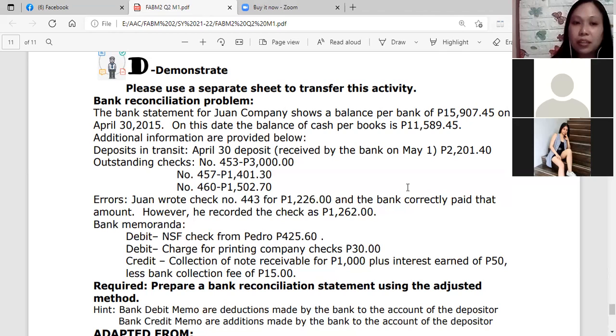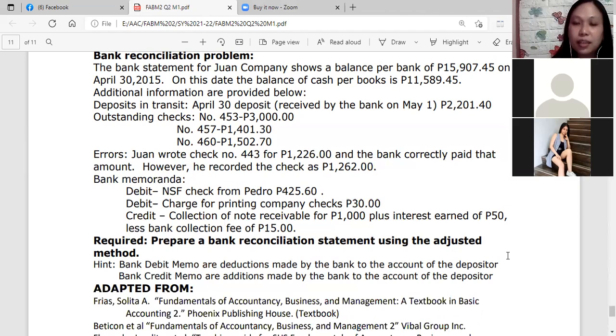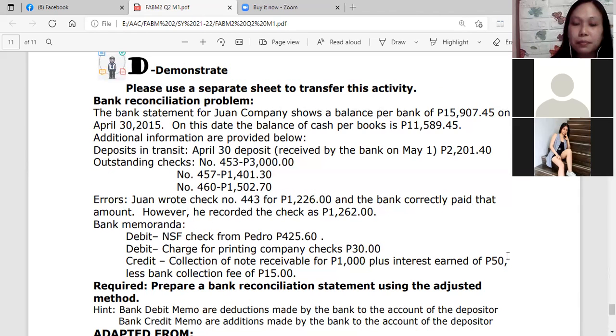Any more? Ma'am, can we get a sample of the deposit from online? Yes, you can. Ma'am, for plus or minus, can we open and close a parenthesis to indicate a deduction? Yes, you can do that.